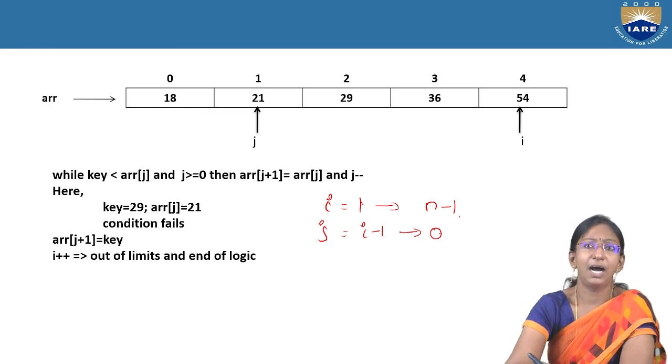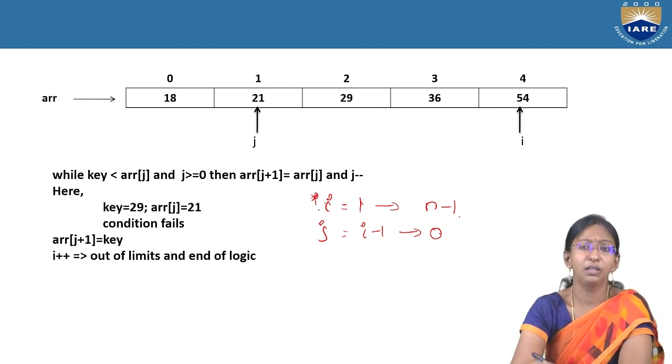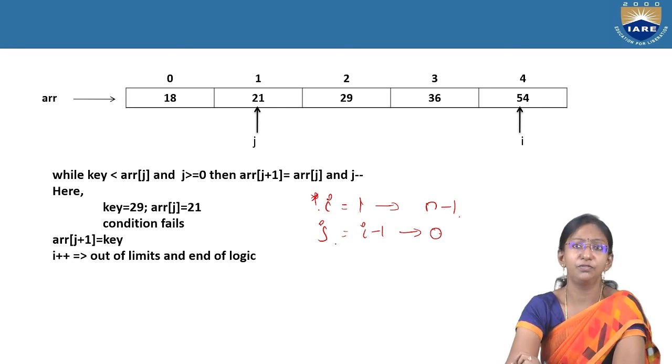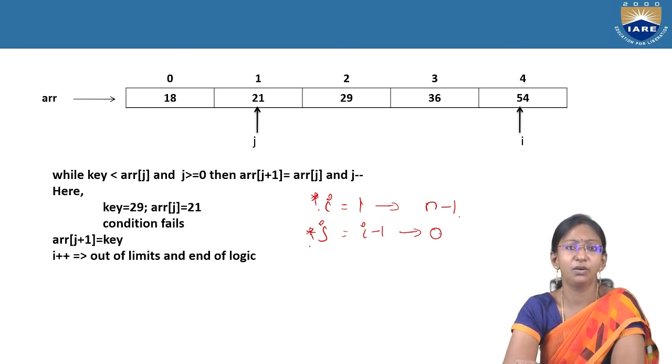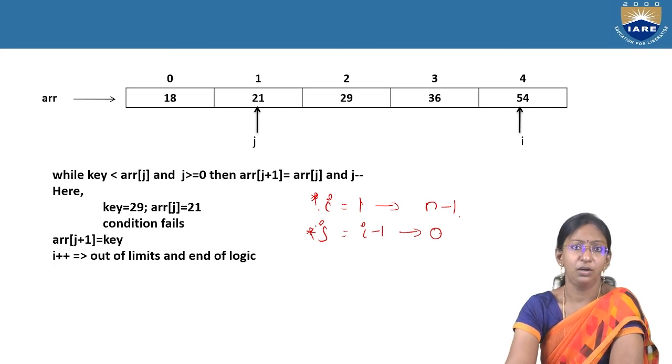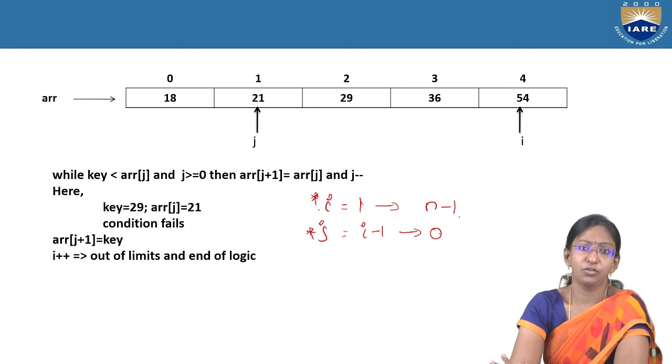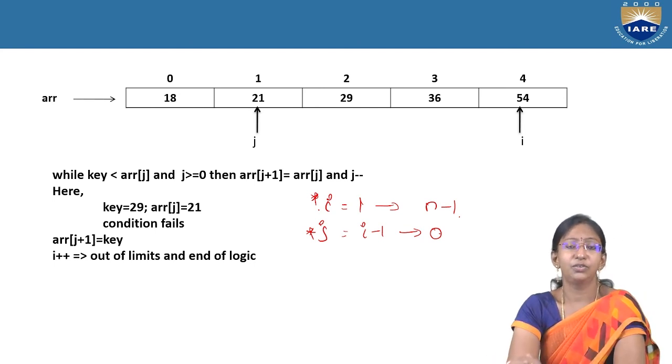Once I, the main pointer over here, crosses its boundary, it is the end of the logic. If j crosses the boundary, it is the end of iteration only. Okay, right. So this is your basic insertion sort, right? These are the 3 basic sorting techniques which we have.